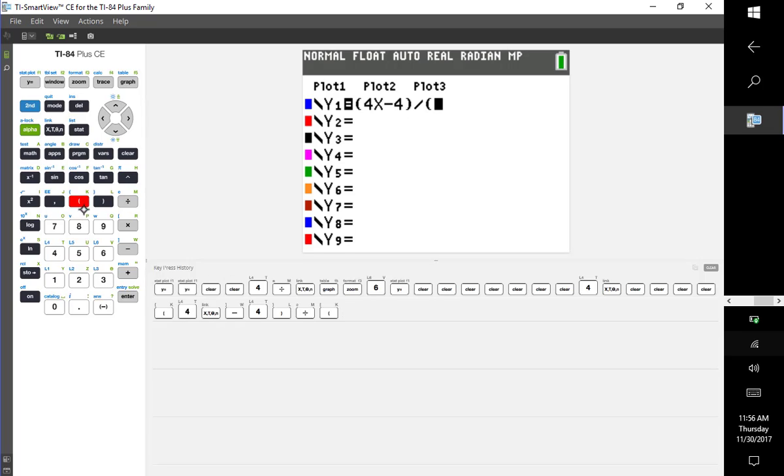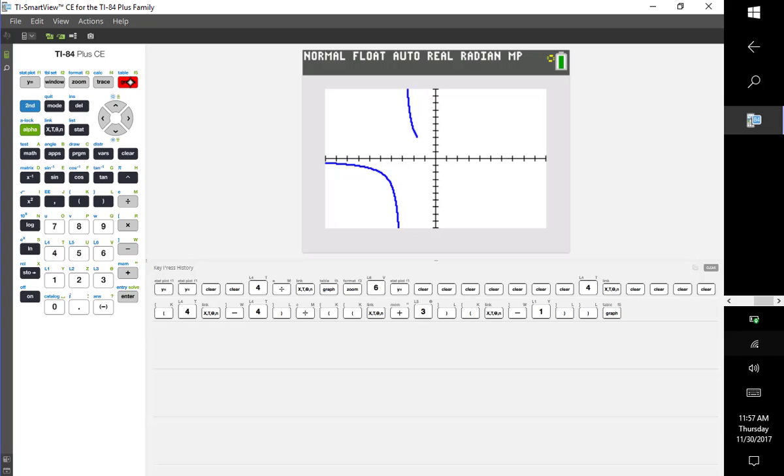You have to have 2 of these in your graphing calculator. Oh, I didn't do this. x plus 3 parentheses. For the sake of time, you can just watch me do it, and I'll teach you how to do this more in the calculator another day because I don't want to overwhelm you. But look at mine. That's what it looks like.